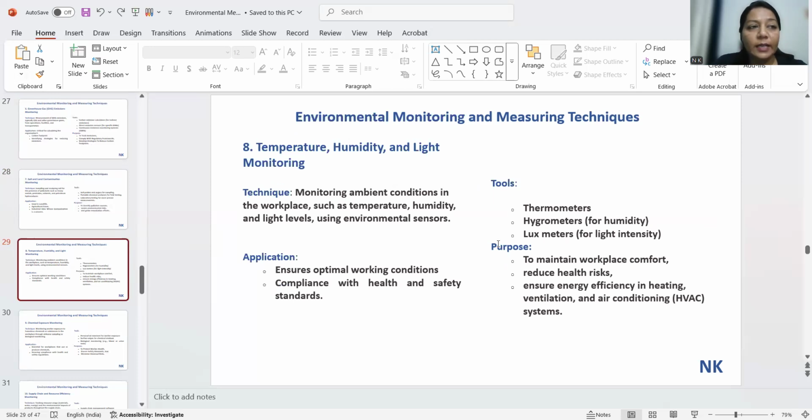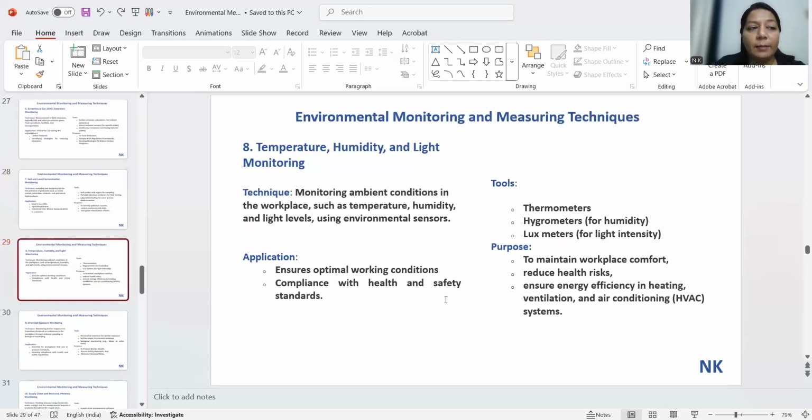This monitoring technique is used to monitor ambient conditions in the workplace, such as temperature and humidity level, using environmental sensors. The application ensures optimal working conditions and compliance with health and safety standards.